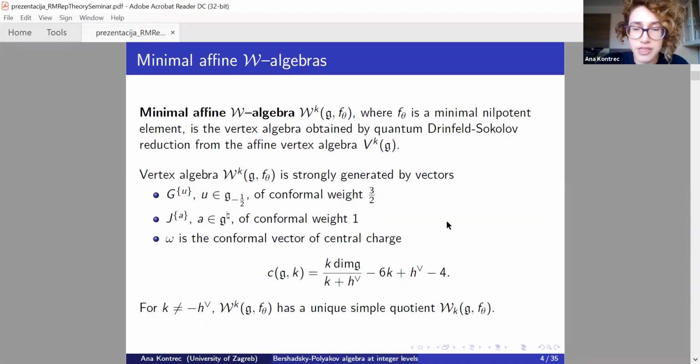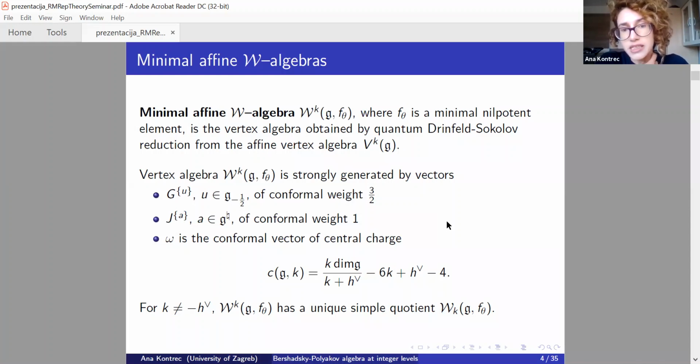By a result of Kac and Wakimoto, I believe, we know that minimal affine W algebras are strongly generated by a set of vectors of conformal weight 3/2, then a set of vectors of conformal weight 1, like the Heisenberg vectors, and the Virasoro.